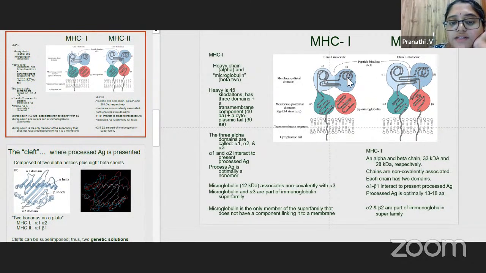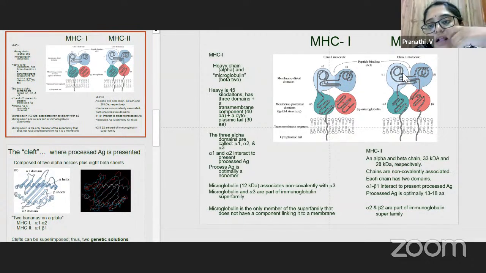This helps in presenting the processed antigen, and it is usually a monomer. Beta 2 microglobulin, which is 12 kilodaltons, is non-covalently associated with the alpha 3 domain. It is the only member of this superfamily that is not covalently linked; instead, it is non-covalently linked.